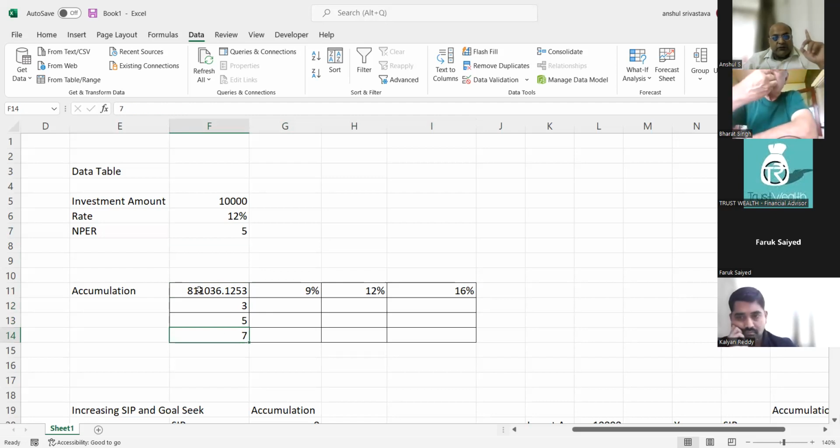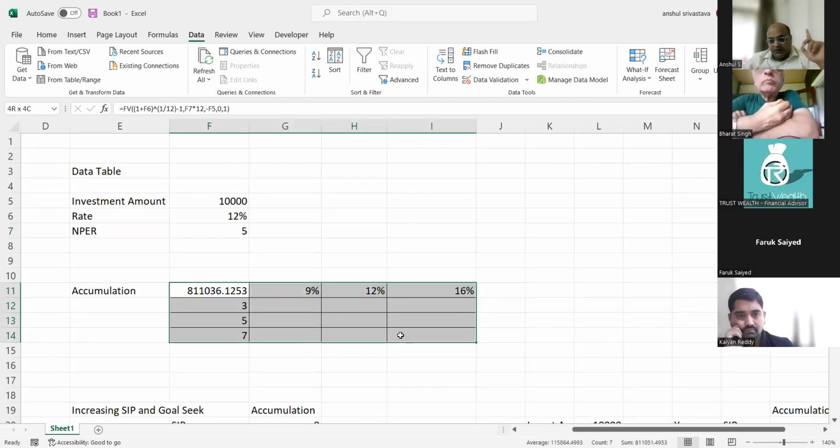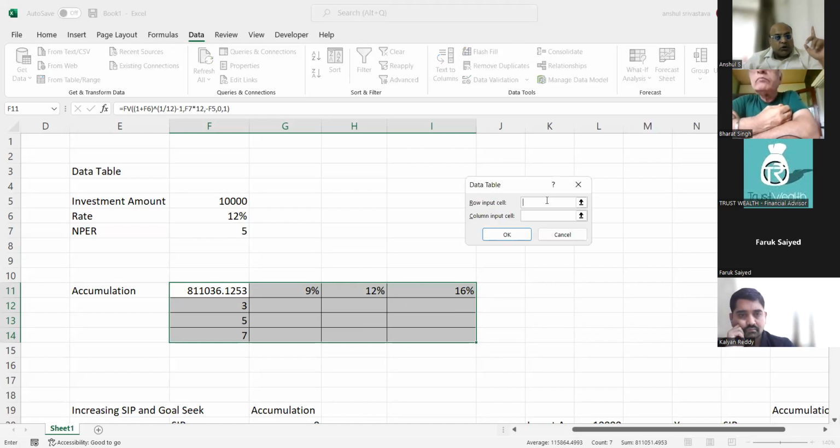After doing this, we'll have to select this whole area, go to data, what if analysis, data table. Row input cell would be rate wala cell and column input cell would be ये वाला cell. Column input में जो same column में and row input में जो same row में.